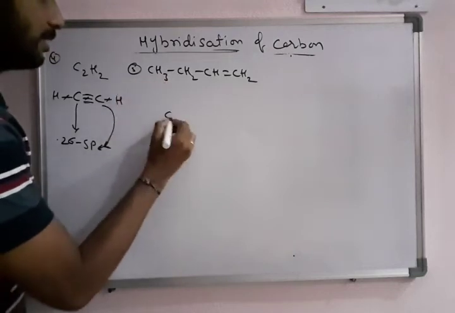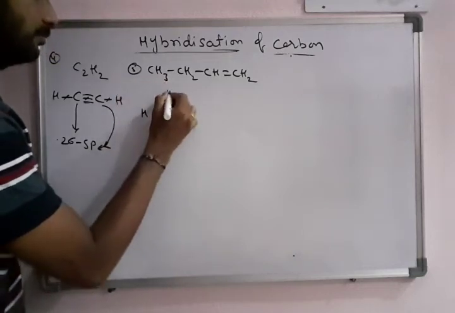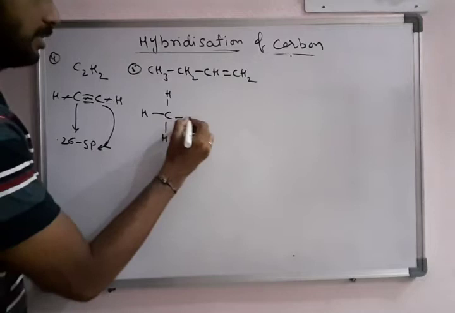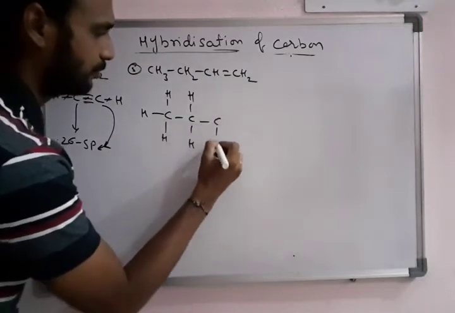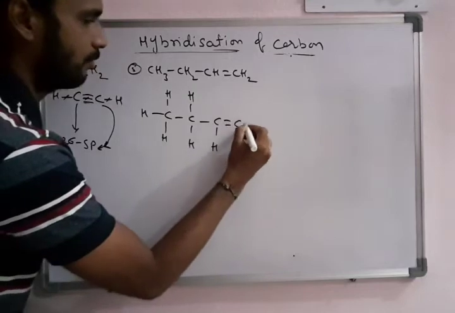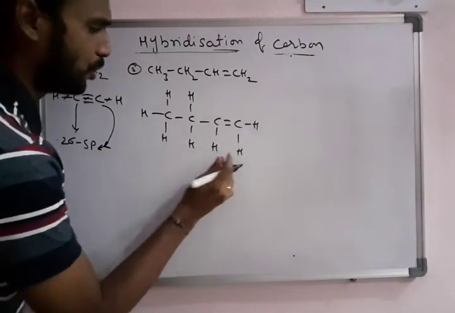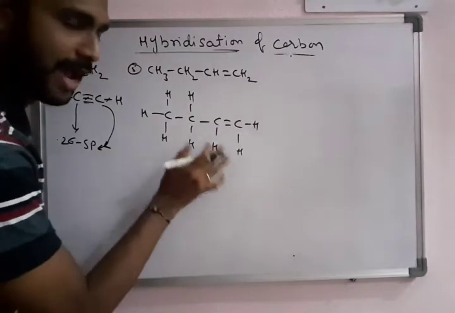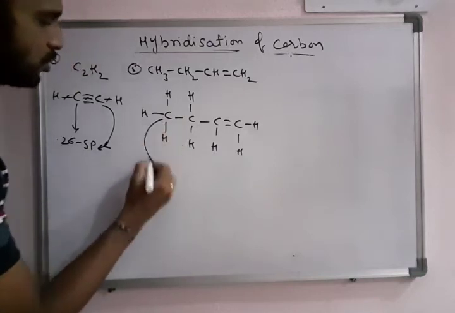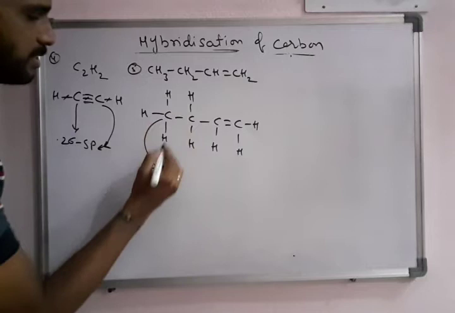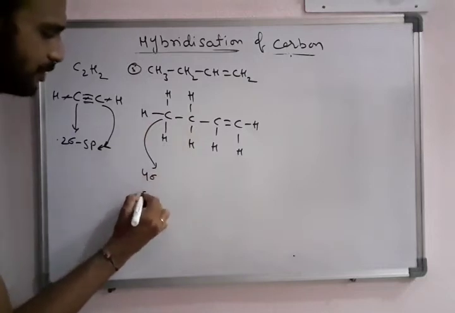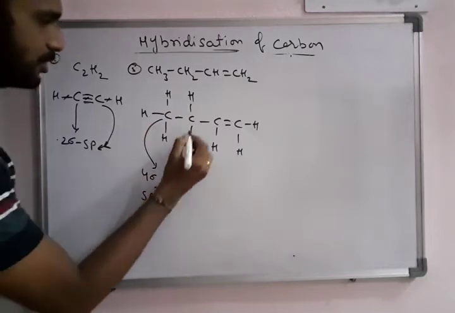This can be written as CH3, CH2, CH and CH2. Don't bother about the direction of the hydrogens here. So this carbon has 1, 2, 3, 4 sigma bonds, so it is sp3 hybridization.